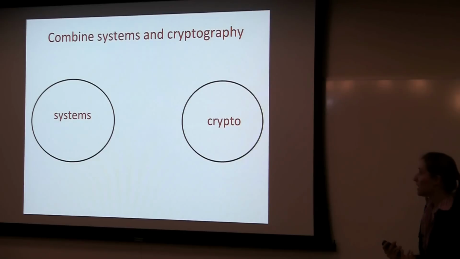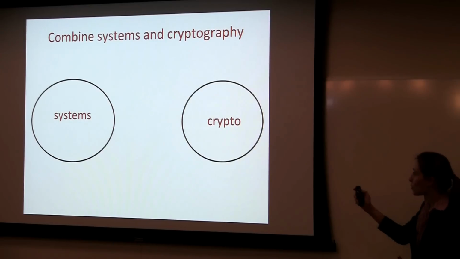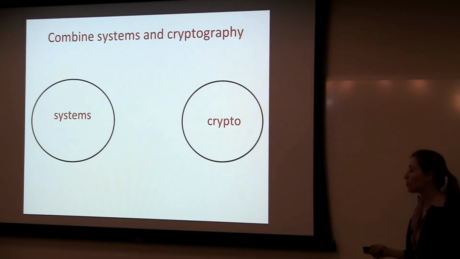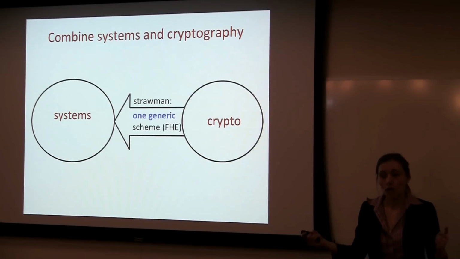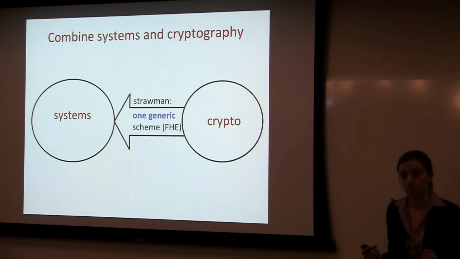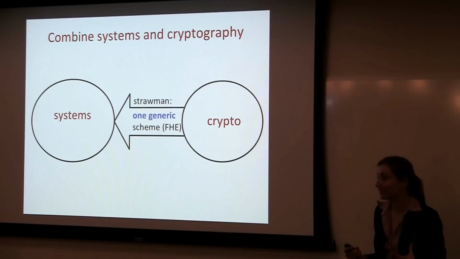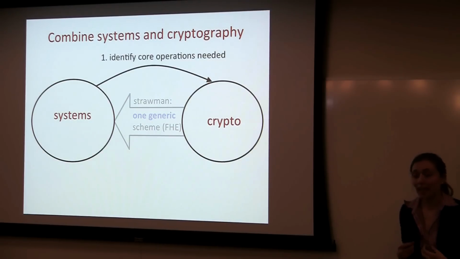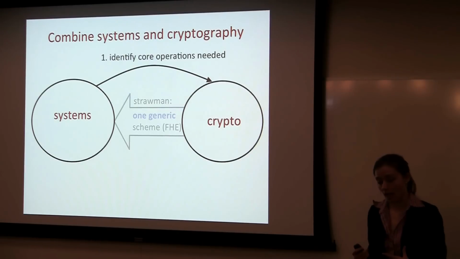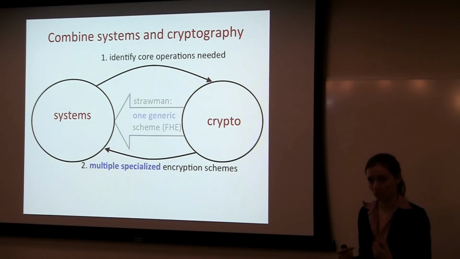So the insight is really a combination of systems and cryptography. If you just take crypto naively and try to run your system on encrypted data, you end up using fully homomorphic encryption, or FHE, which, remember, is very slow. Instead, the idea is to start from the system, understand what kind of operations it needs to perform, and then try to support each operation with a specialized encryption scheme.